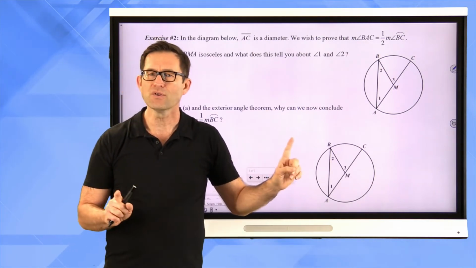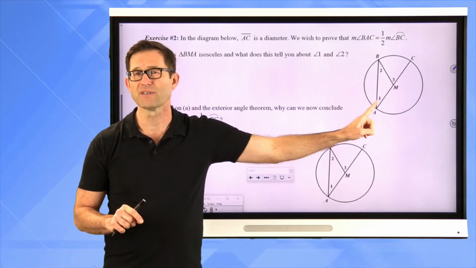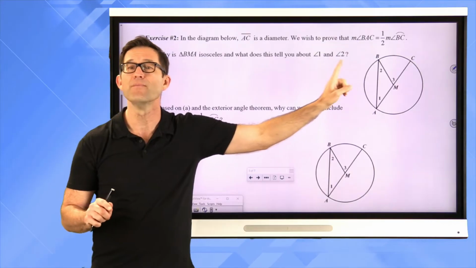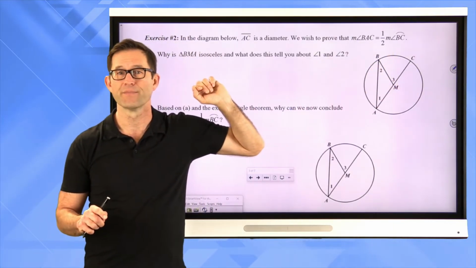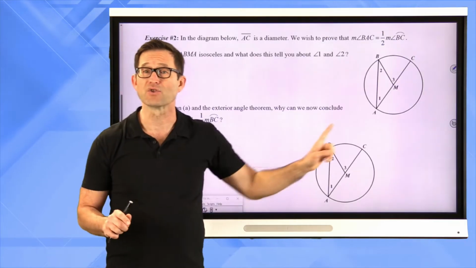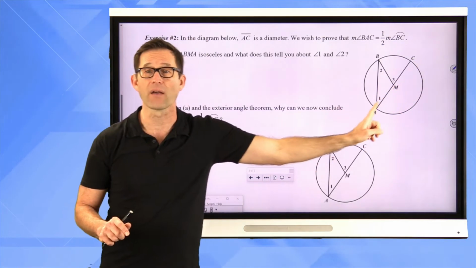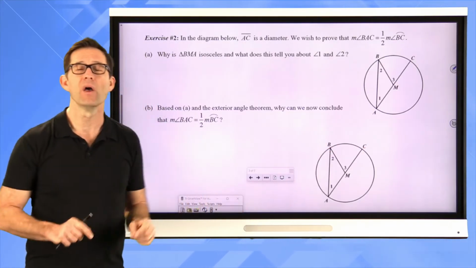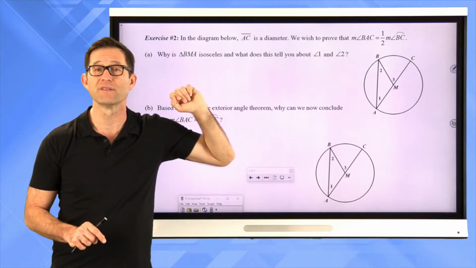I'm just trying to show that in this case, the measure of this inscribed angle, which is actually angle 1 or angle BAC, depending on how you want to name it, will be 1/2 the measure of arc BC. This is a very special case, because one of the two rays of the angle happens to be a diameter. Anyway, let's now go on to prove this particular fact for this scenario.